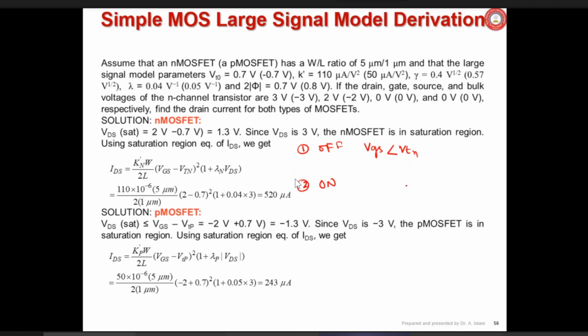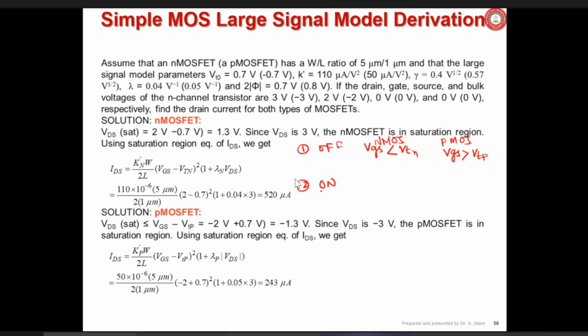The opposite is the case for P MOSFET. For P MOS, what? VGS greater than VTP. Understood? You have to keep in mind the sign of the MOSFET threshold voltage also.